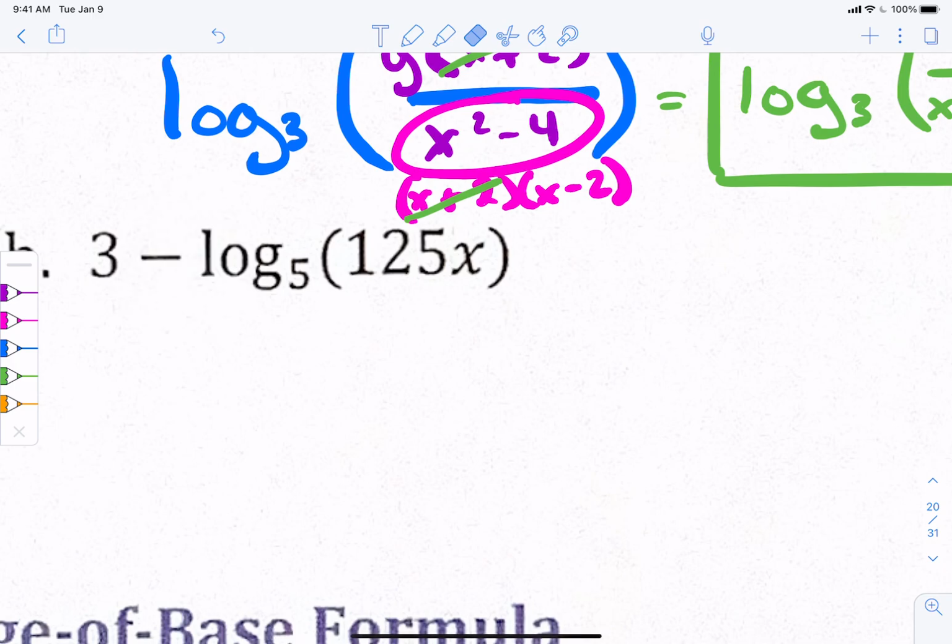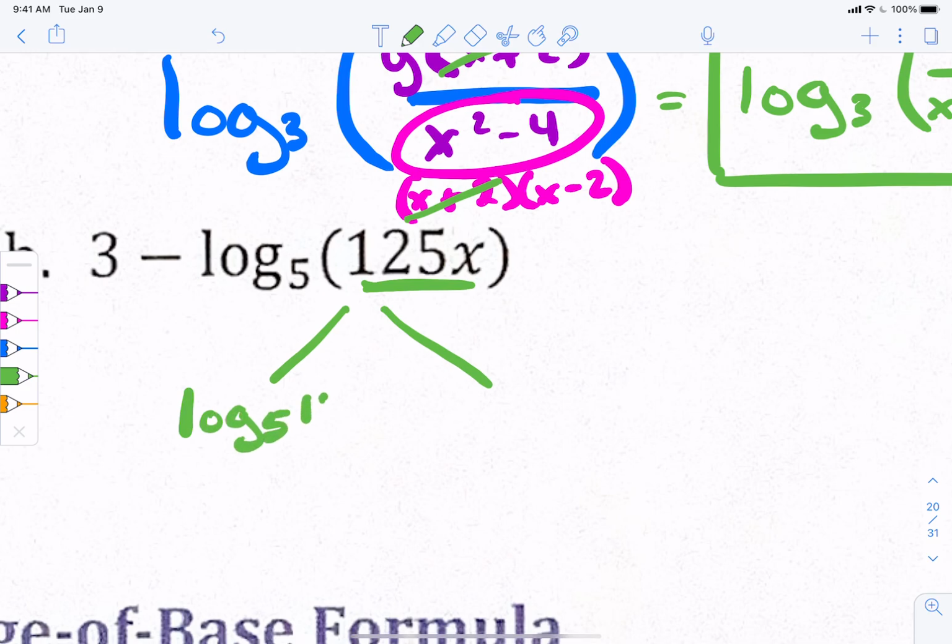Can we set it equal to x? Not quite yet. Look at these two pieces right here, 125 and x. Those are multiplied. So let's break them apart, and breaking them apart means adding. Would it be a negative? Yes, so we have to be careful of that.